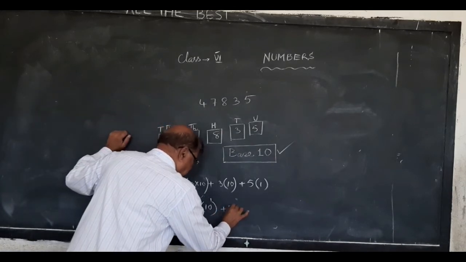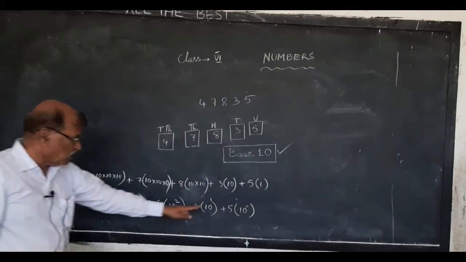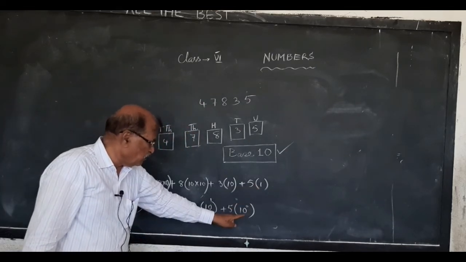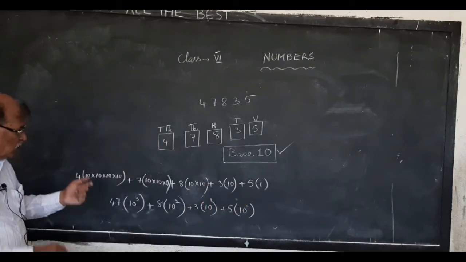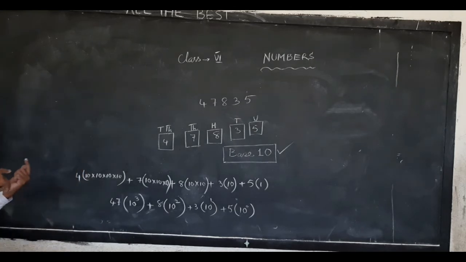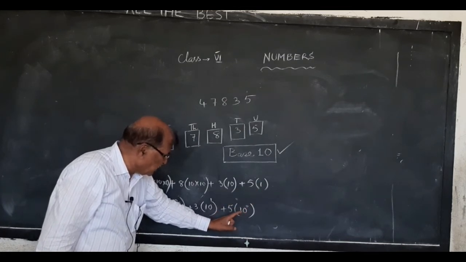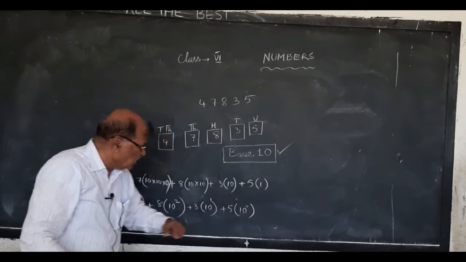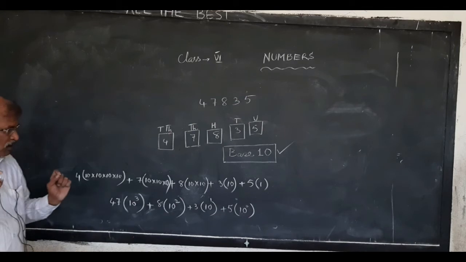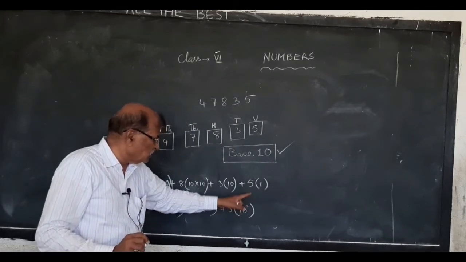So 5 into 10 to the power of 0. 10 to the power of 0 is 1. Any number to the power 0 is 1. You will be learning more about the principle involved in 10 to the power of 0 becoming 1 in future classes. So just remember roughly that any number to the power 0 is 1.